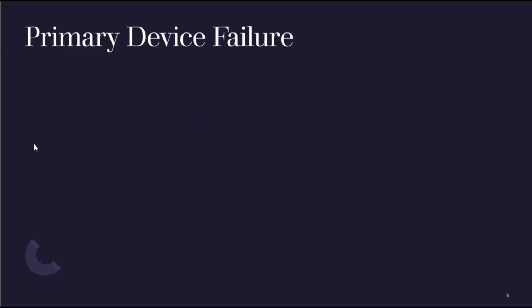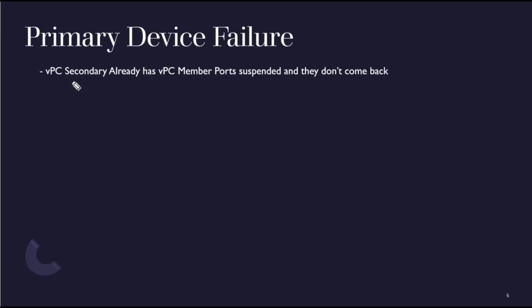So what happens now if the primary peer fails completely? So we have the secondary device which has already shut down its member ports and the SVIs. And now we have the primary device which has failed as well. So in this case, the VPC secondary device will not bring up its VPC member ports and the SVIs.